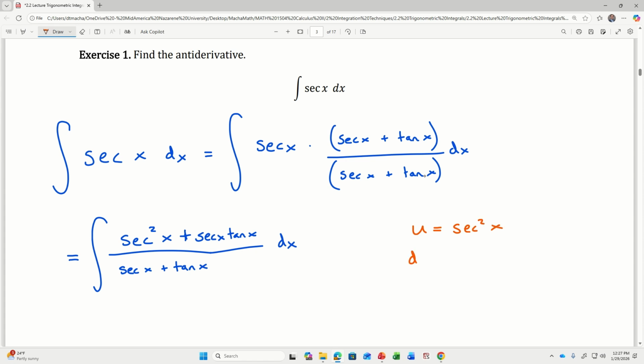The derivative of u with respect to x would be the derivative of secant squared, which would be 2 times secant x times the derivative of secant because of the chain rule, right? And the derivative of secant is secant times tangent, so that would be 2 times secant squared times tangent x. Only we don't see that as a factor multiplying everything. So that's not going to be a very efficient choice of u.